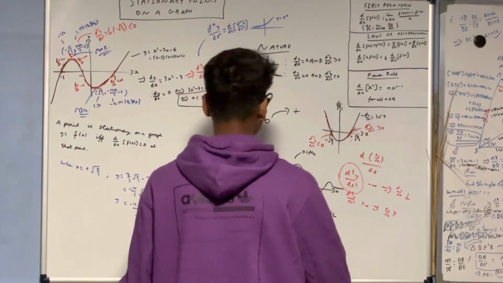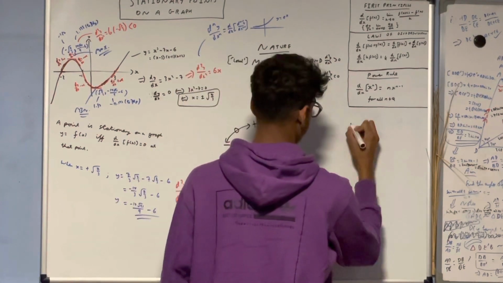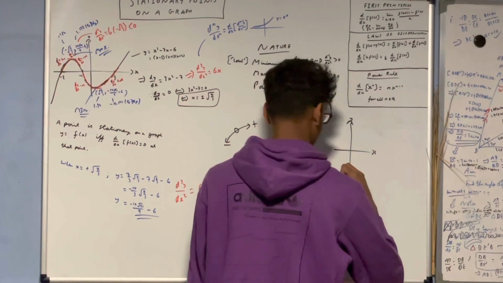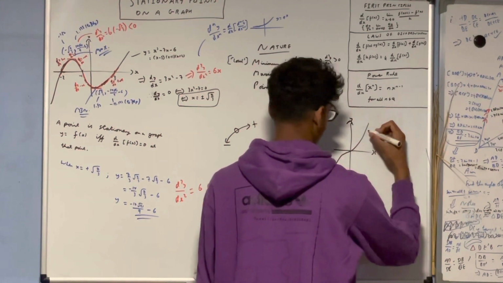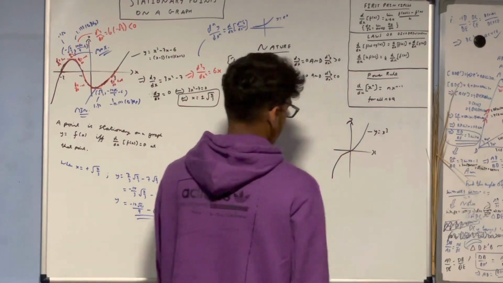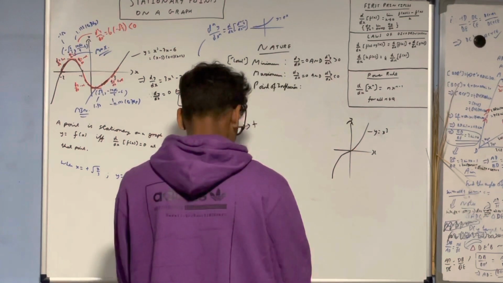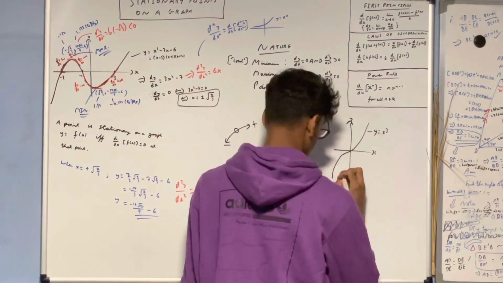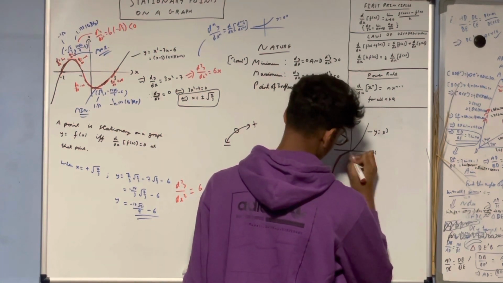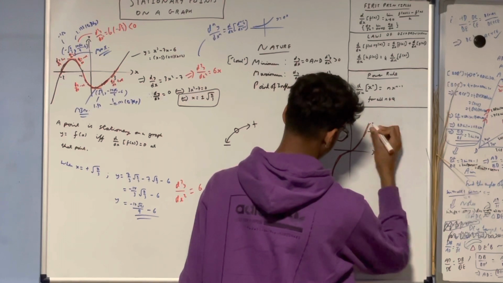And finally, I should go on to what a point of inflection is. Say I've got yet another graph, and I'm going to let this be the cubic y equals x cubed. Now, as you can see here, if you look at dy by dx, the gradients of the tangents of this graph are positive, but then they get smaller and smaller and go to 0, but then become positive again.